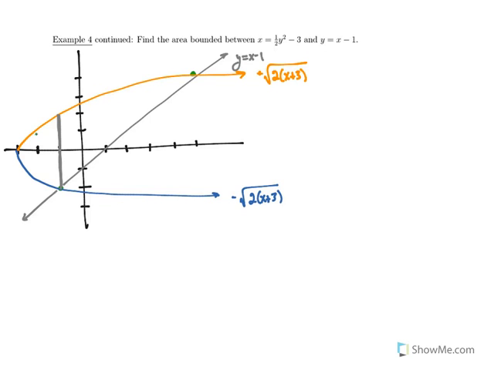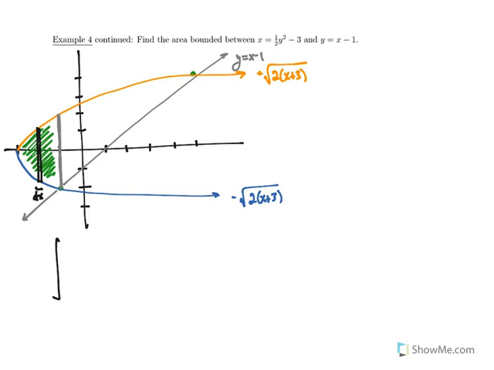The first one is this little area right there. Think about a rectangle for that little area. The width is dx, and the height is going to be the top square root minus the bottom square root.